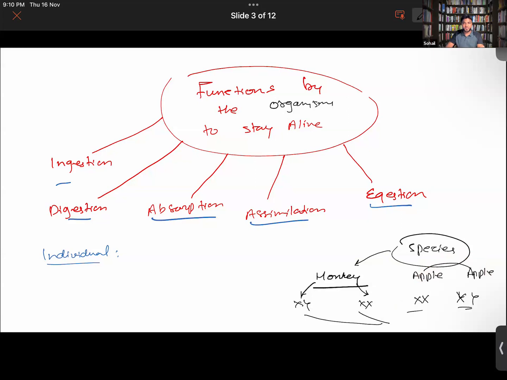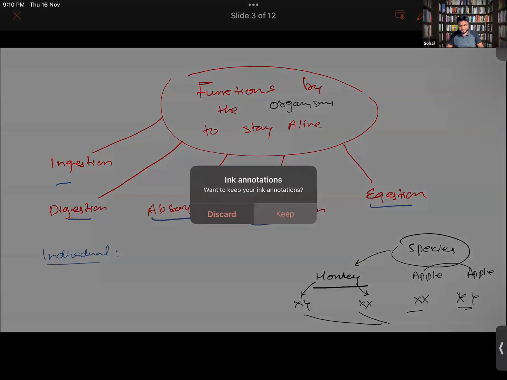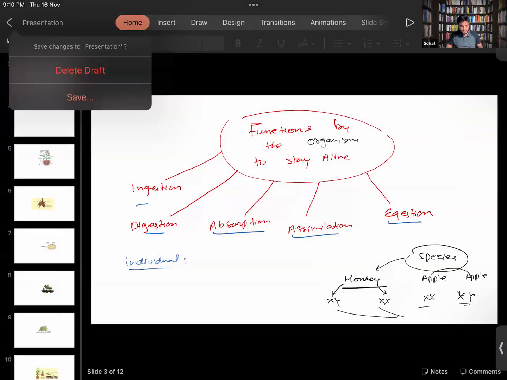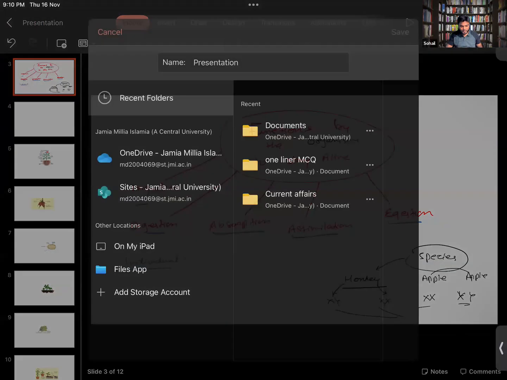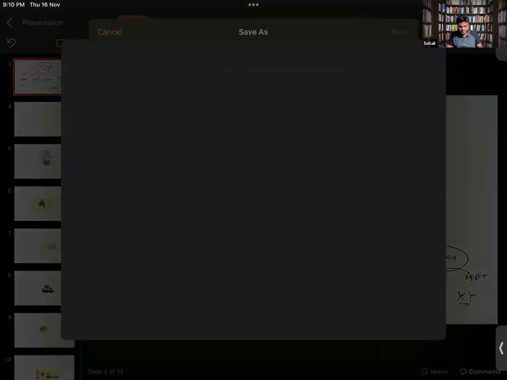The process where the male reproductive part, the thing present on top of the anther, is called pollen grains.